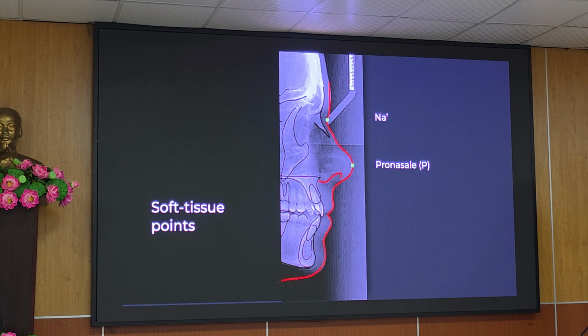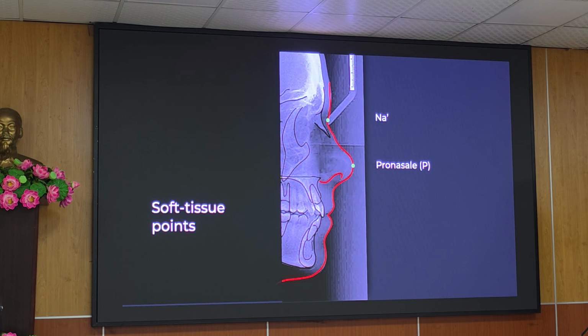So the first point was soft tissue nasion. Second point is pronasale, whatever you pronounce it as, and the third point, which is cái điểm số 3.